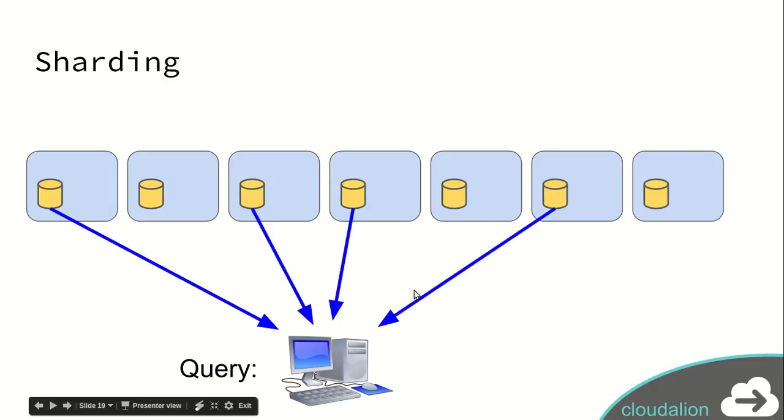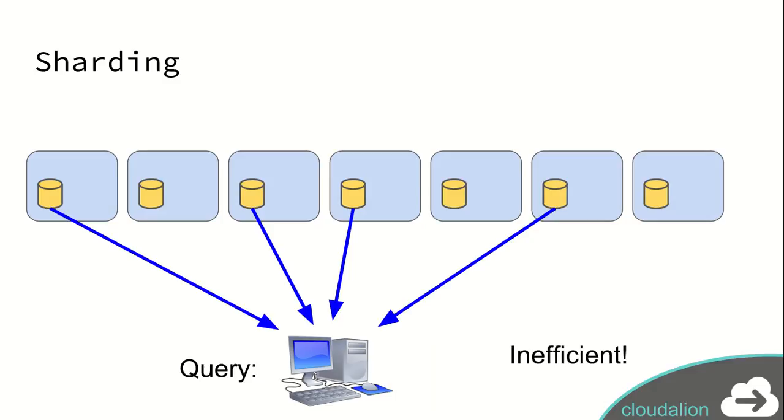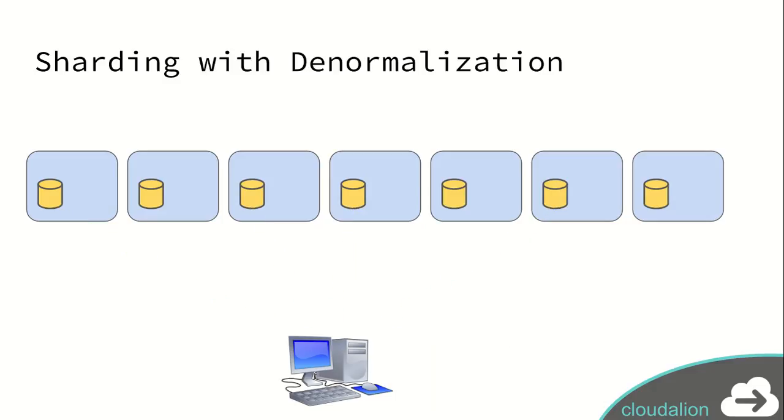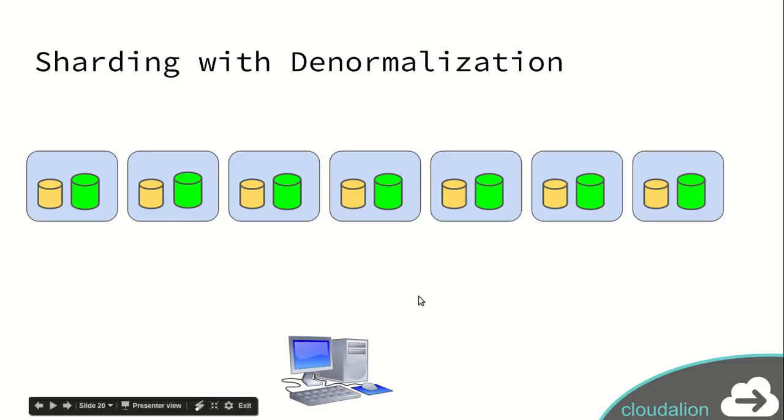So the timeline for a single user comes from multiple users that reside on multiple machines, and that is awfully inefficient. So what a lot of applications do is something called denormalization. They have an extra table on each node that holds the timeline information in our example.